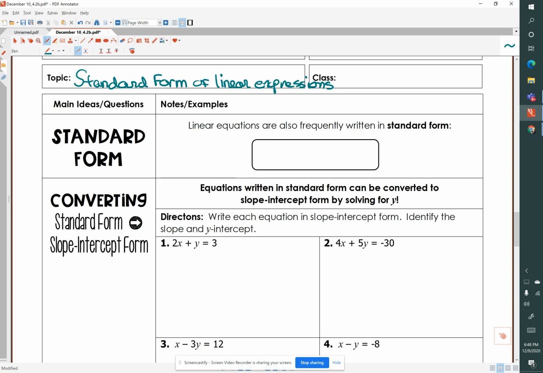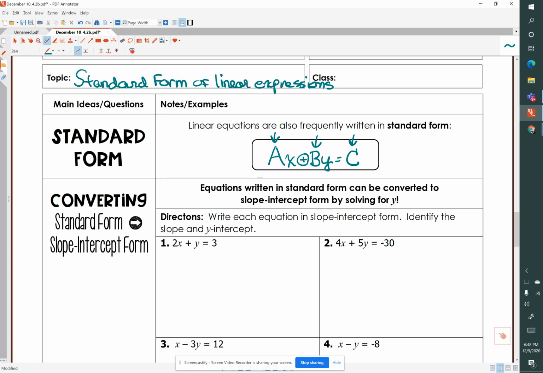And standard form is ax plus by equals c. Okay, so a is a number that is multiplied by x, b is a number that can be multiplied by the y variable, and c is a constant. Remember, these can be plus or minus.